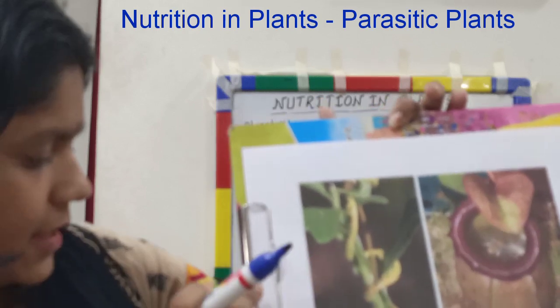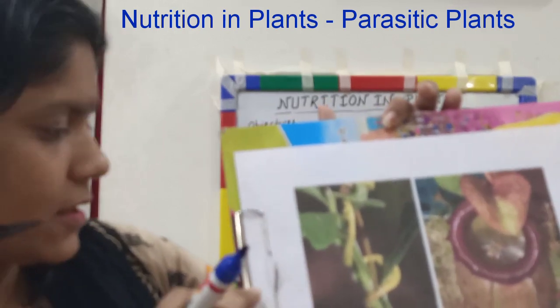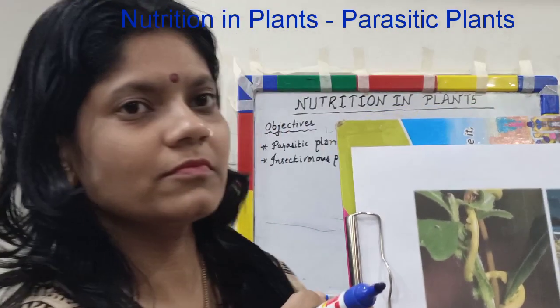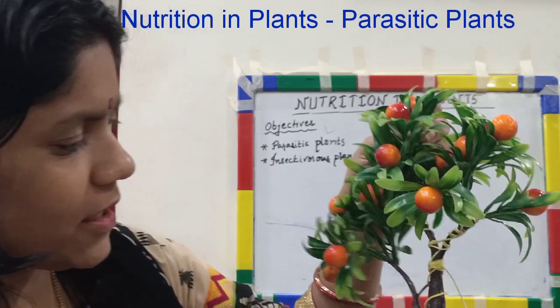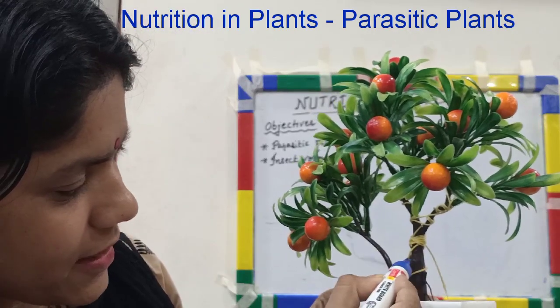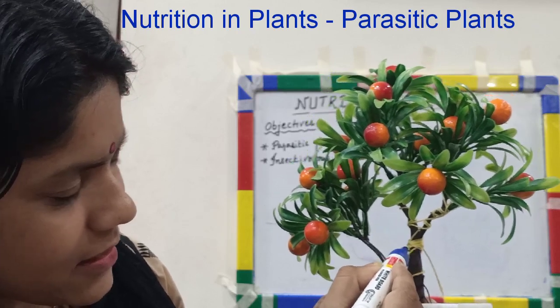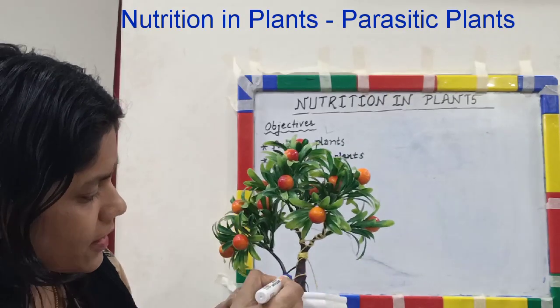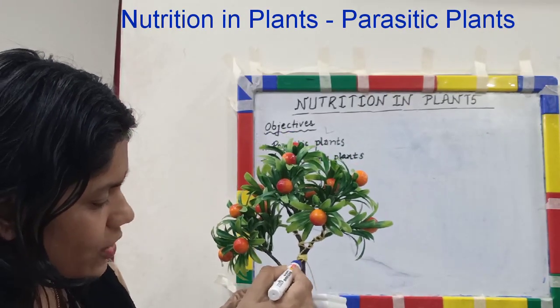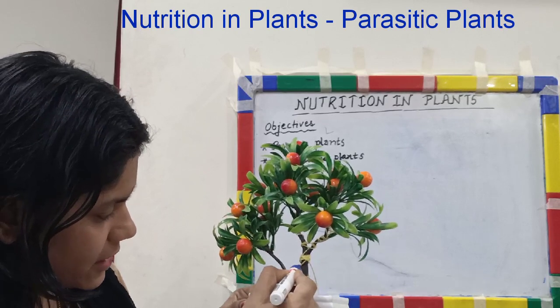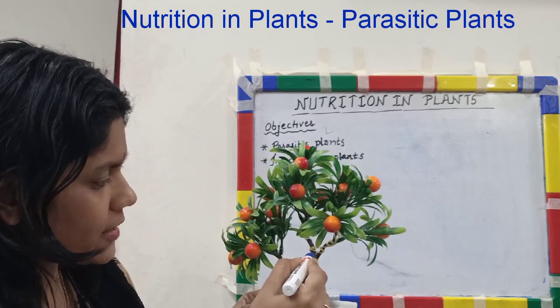For a better understanding, you can see it through this model. This is a model of a tree and you can see some thread-like structures twining around its stems. These thread-like structures are also another plant. This is one tree and these thread-like yellow colored structures are also another plant.